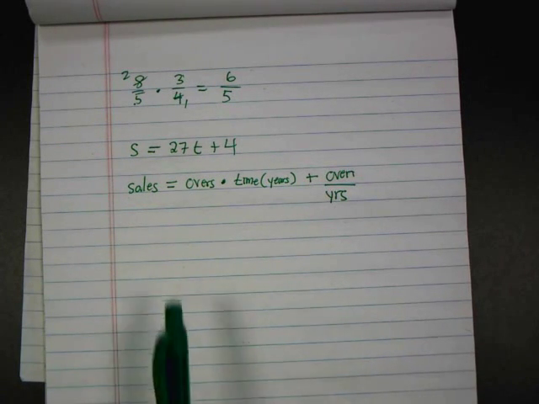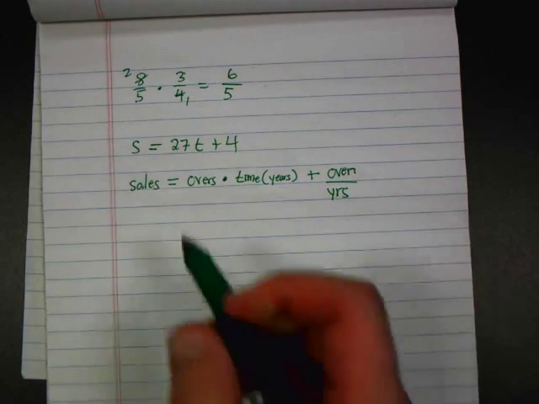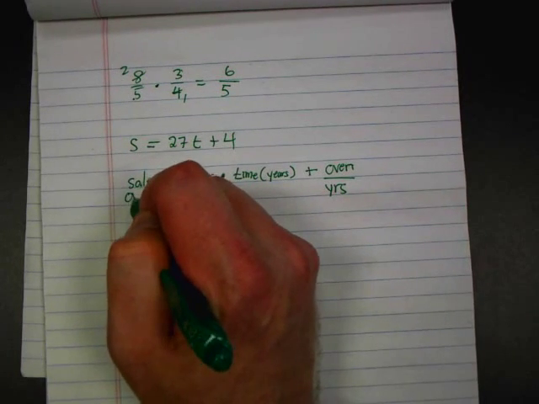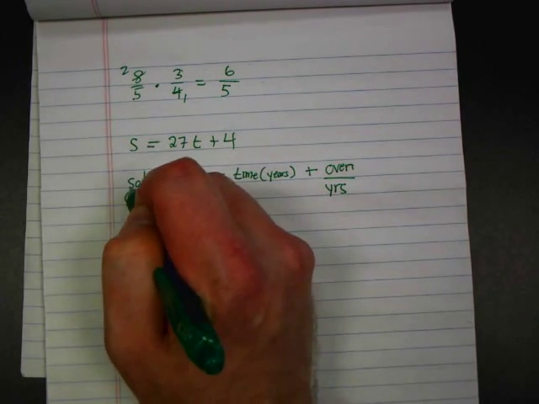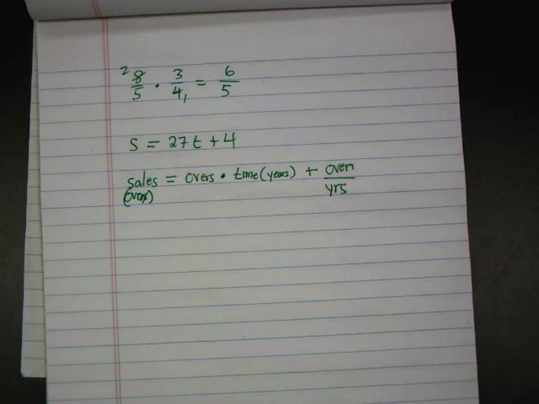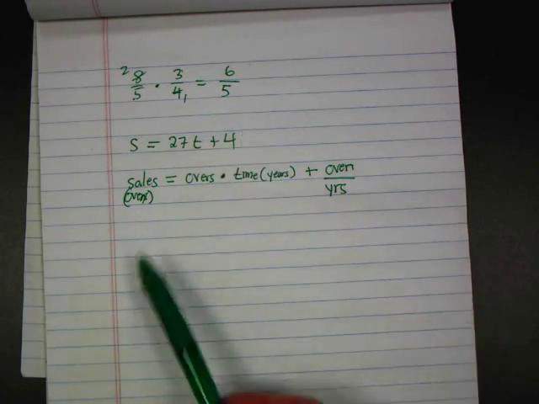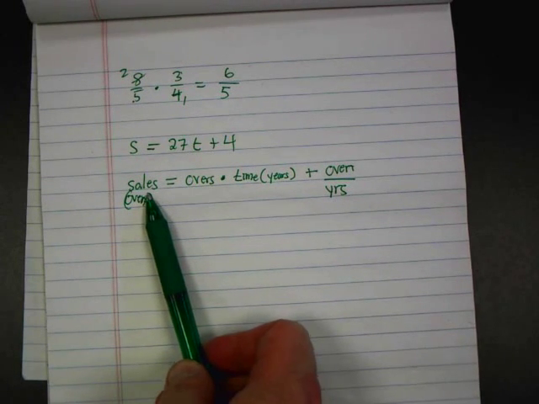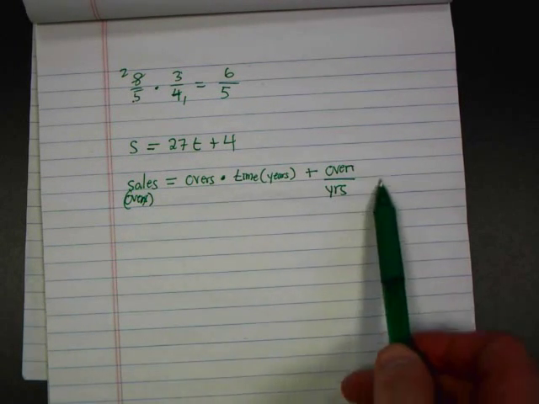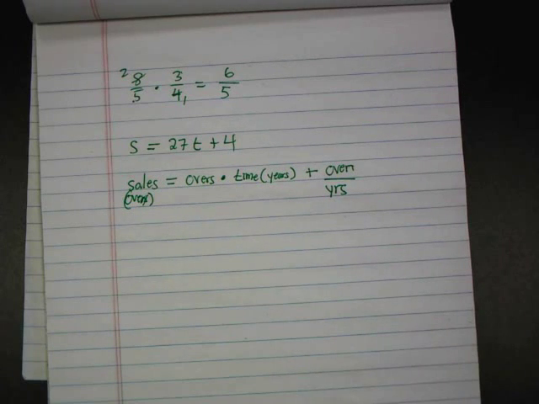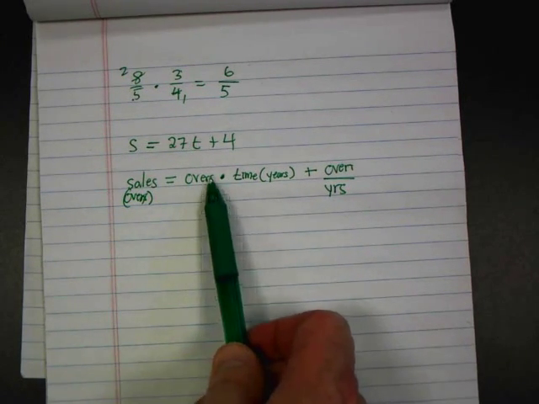Now sales, what am I selling here? Ovens. So sales could really be in ovens, couldn't it be? We really probably should have put ovens there. So, if this is my equation, S equals 27T plus 4, I have ovens on the left. Do things cancel out and do I get ovens on the right? Well, let's see, I have ovens times years.